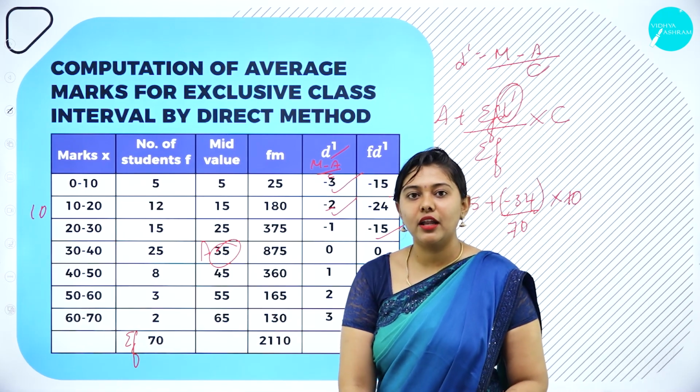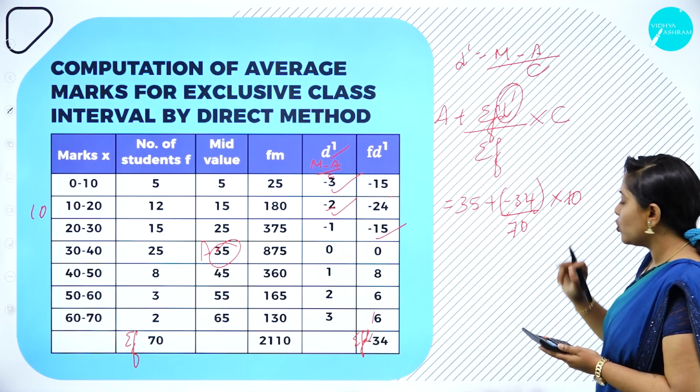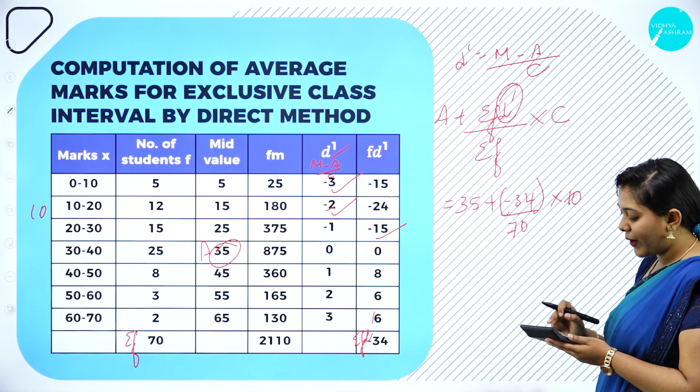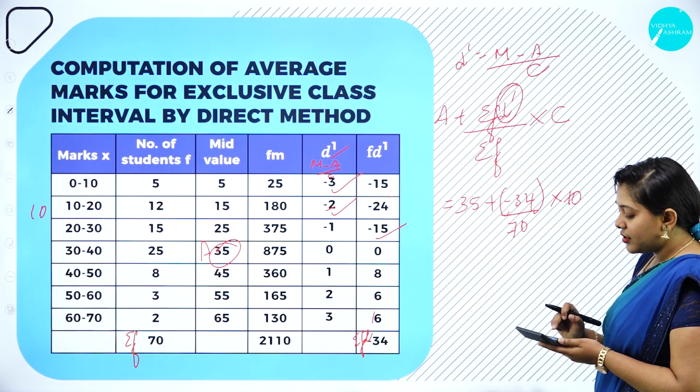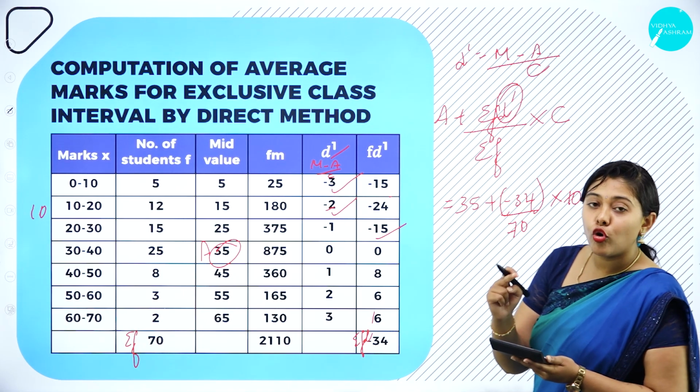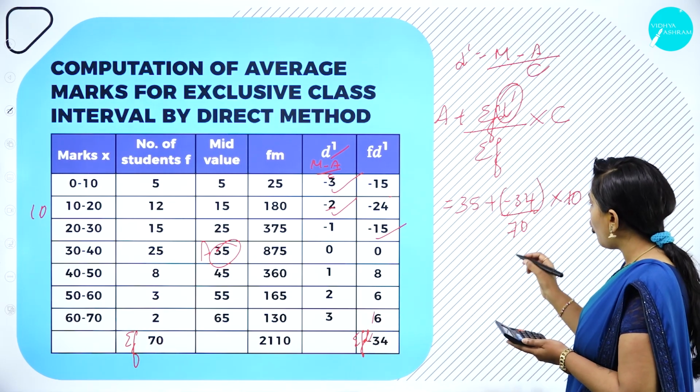So by using a calculator, let us see what value we get. First we have to solve this. Minus 34 divided by 70 is 0.485, into 10 it is 4.857.